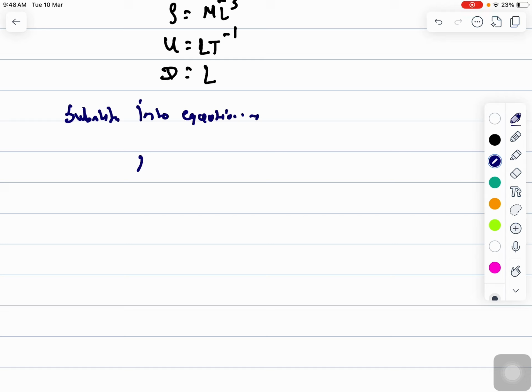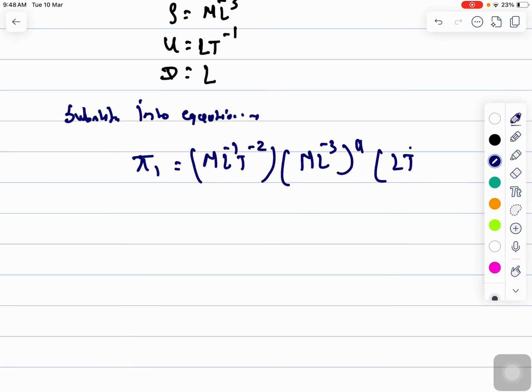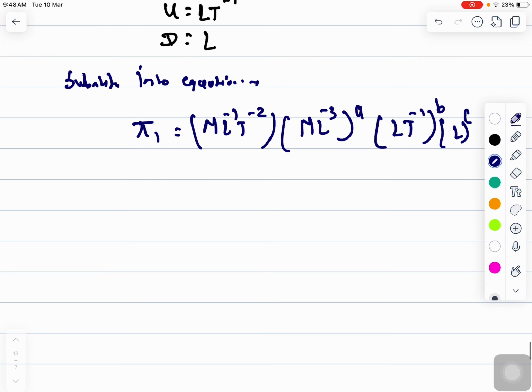Once we substitute, we will be getting pi 1 that is equal to M L minus 1 T minus 2, that is pressure, then M L minus 3 whole to the power a, then L T minus 1 whole to the power b, then L to the power c, right?